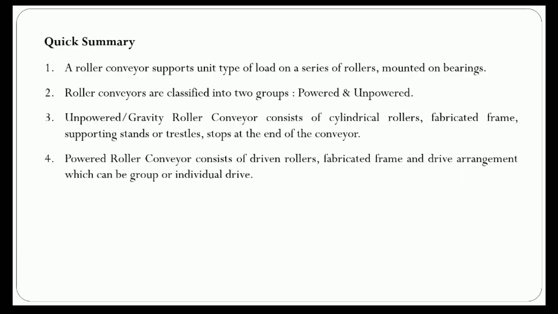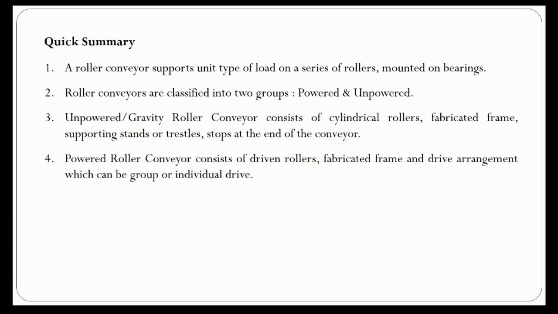Okay, so if I draw a quick summary, you can understand from this lecture video that a roller conveyor supports unit type loads on a series of rollers mounted on bearings, and there is a certain frame on that roller conveyor. A roller conveyor cannot carry bulk material because there are gaps between two rollers.